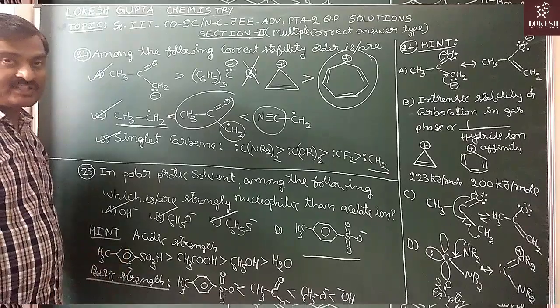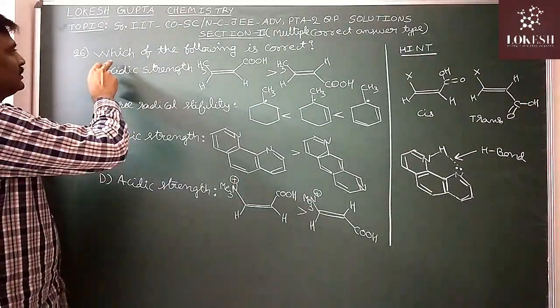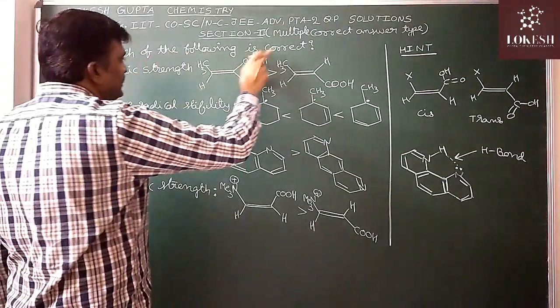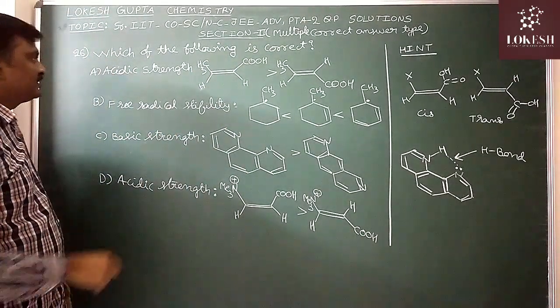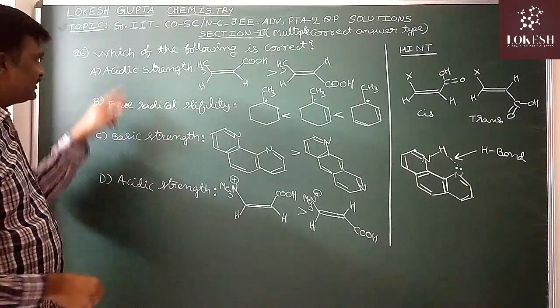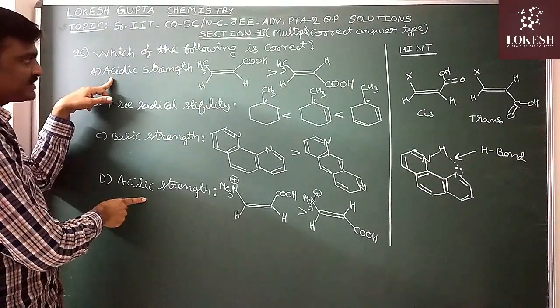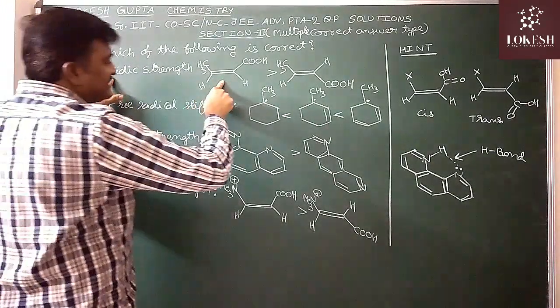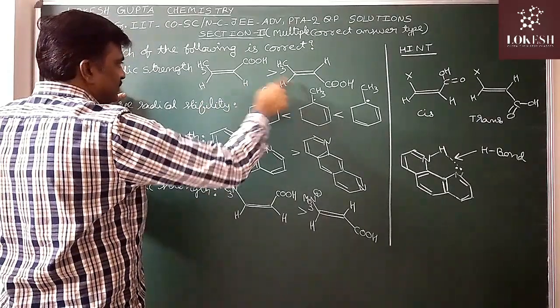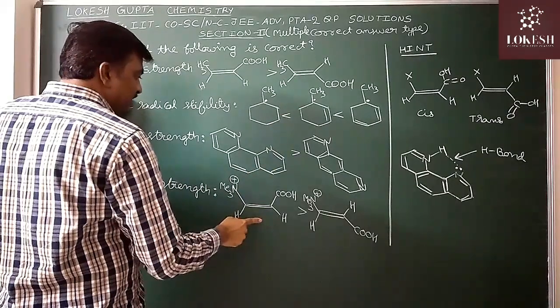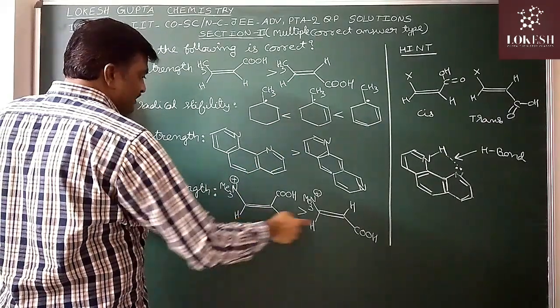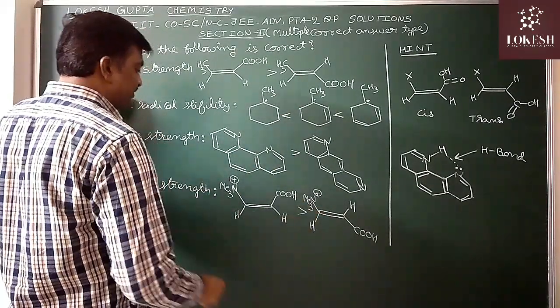Now let me write the next question. Which of the following is correct? Which orders are correct? Now acidic strength: see, it is the cis isomer and trans isomer. Cis isomer is more acidic than trans isomer.